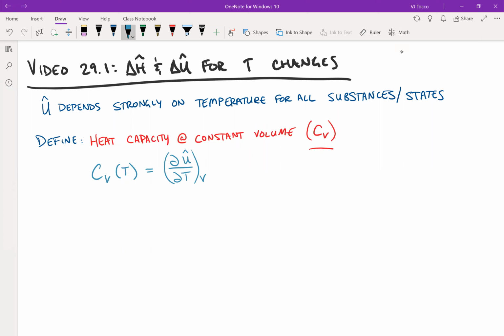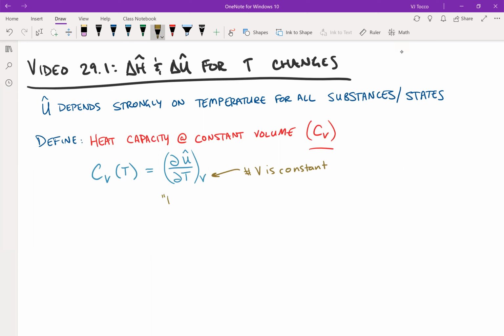This is a bit of thermodynamics notation. Once again, you're going to cover this in much more detail. The parentheses with a V outside just means that V is held constant, and that goes with the name, the heat capacity at constant volume.